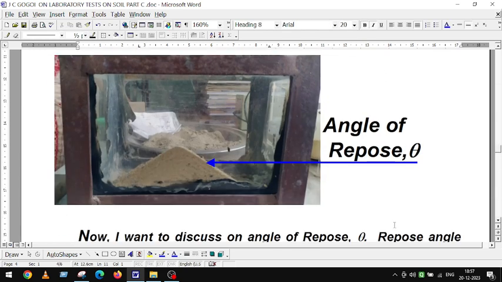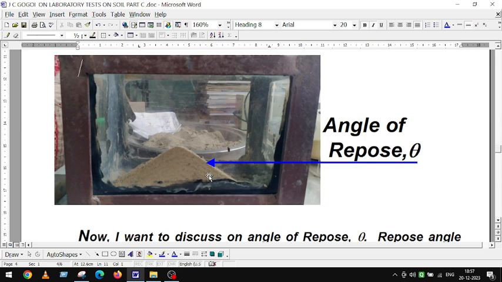Now I shall be discussing the angle of repose. What is the angle of repose? If we put some soil in open space, a conical surface shall be formed. We use a glass bar here to measure the angle of repose. This conical surface has some slope.